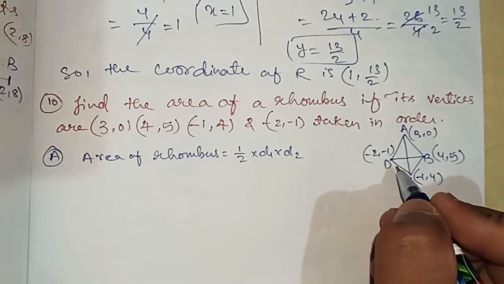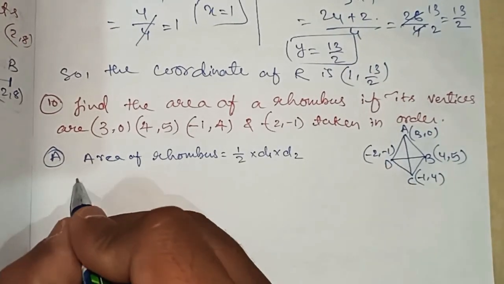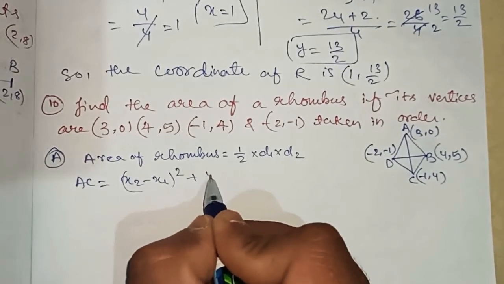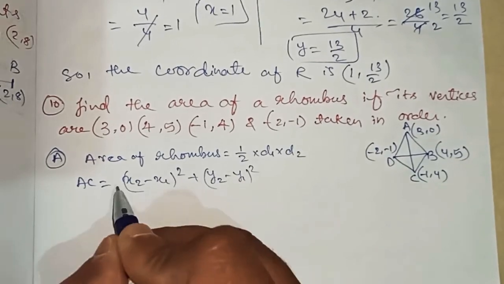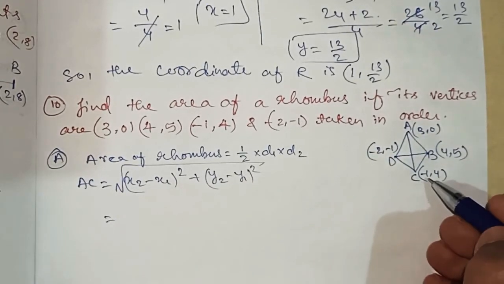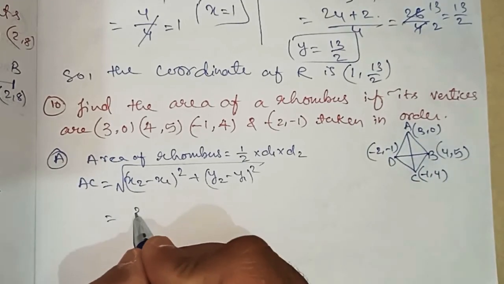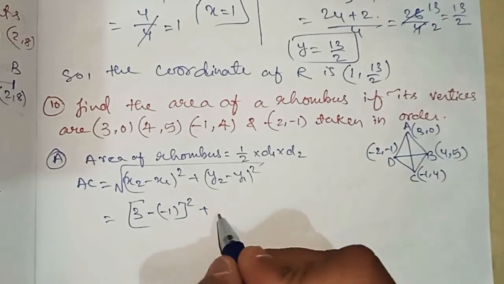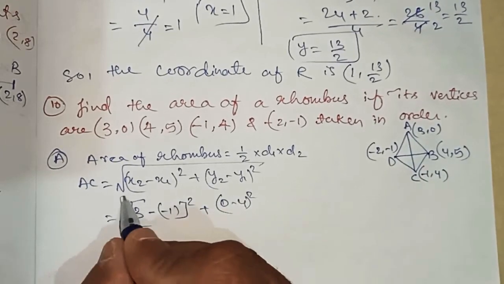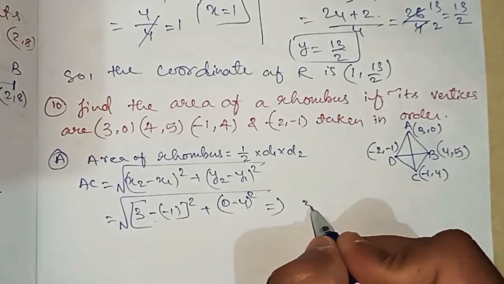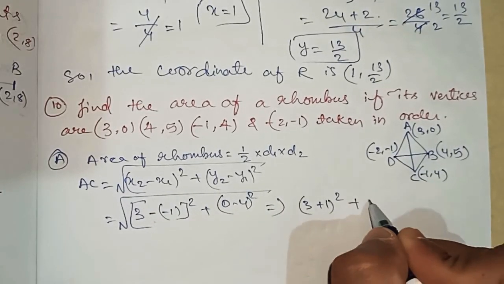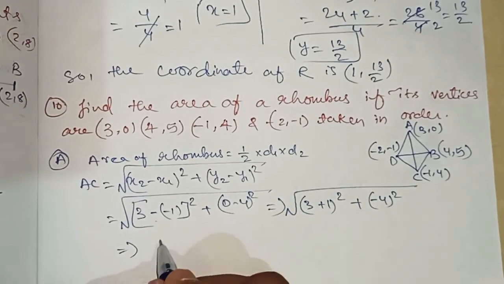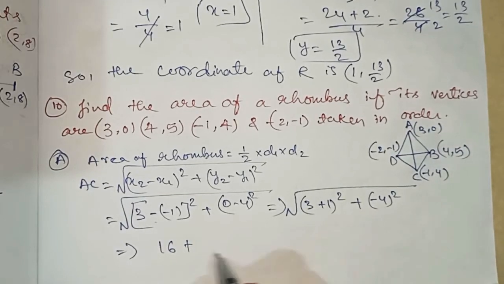So first of all we will find the distance AC. We will use the distance formula here: AC equals square root of x2 minus x1 whole square plus y2 minus y1 whole square. x2 minus x1 means 3 minus minus 1, whole square, plus 0 minus 4 whole square, square root. 3 minus minus 1 is 3 plus 1, that is 4, and 4 square is 16, plus minus 4 square is 16.